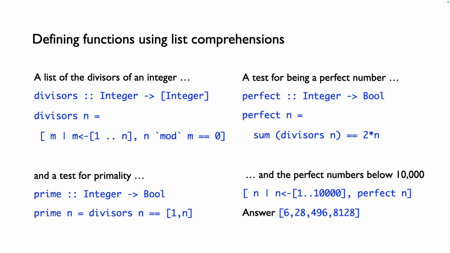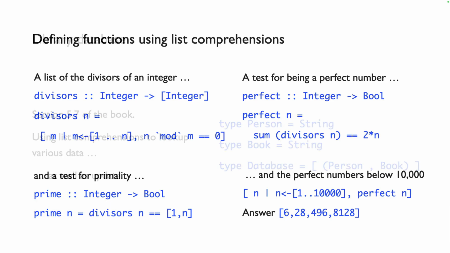But this gives us a nice way of generating values, testing them perhaps. Are they perfect? Do they divide a number without leaving a remainder? Or transforming them perhaps, or a combination of those.